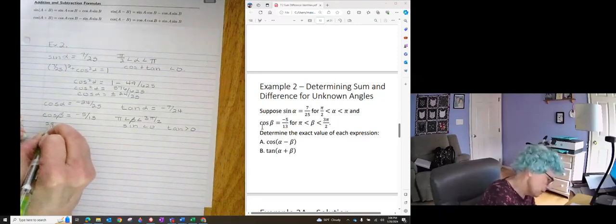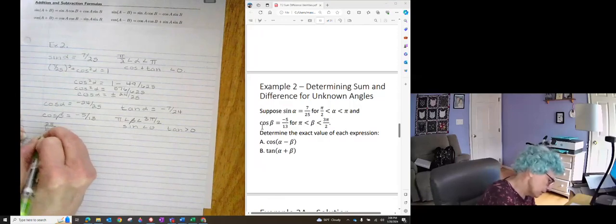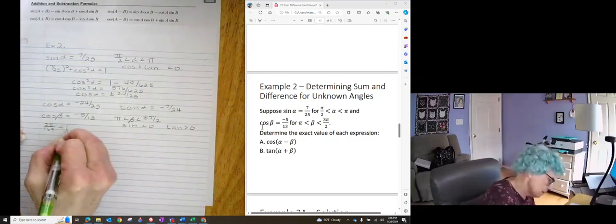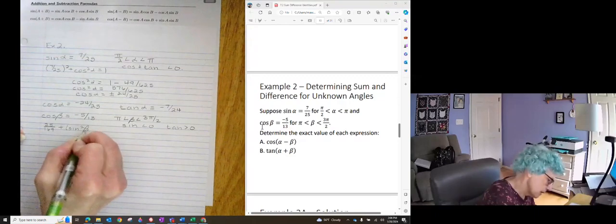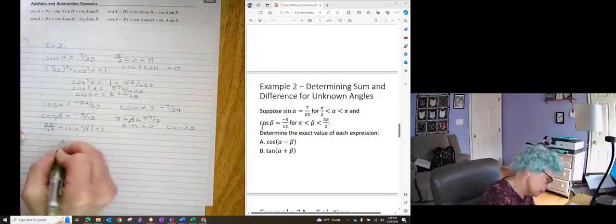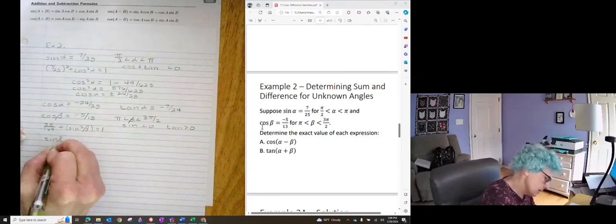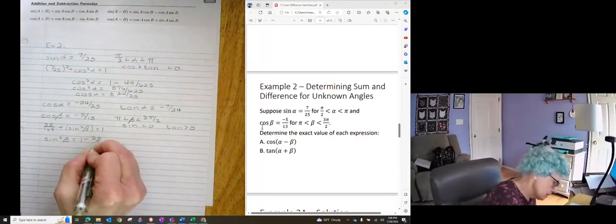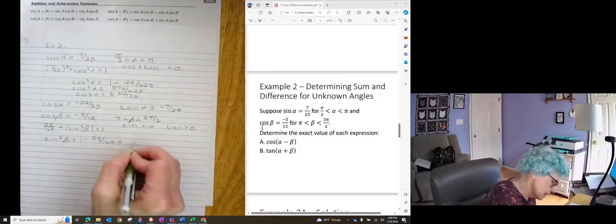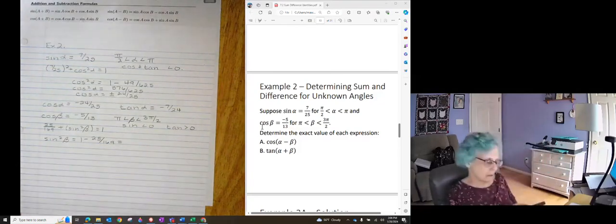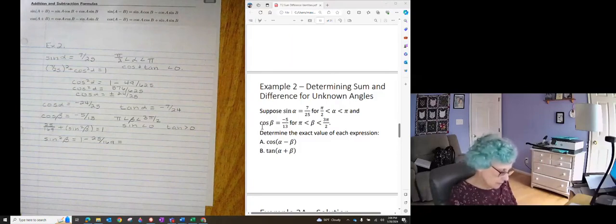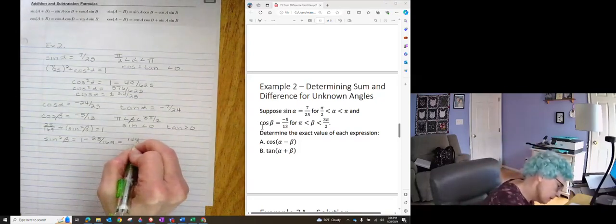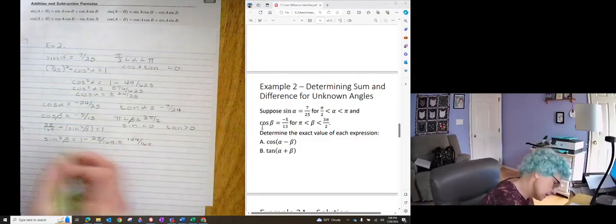So negative 5 over 13 squared would be 25 over 169, plus sine squared of beta is equal to 1. So sine squared of beta is equal to 1 minus 25 over 169. 169 minus 25 is 144. Yep, that's what I thought. 144 over 169.